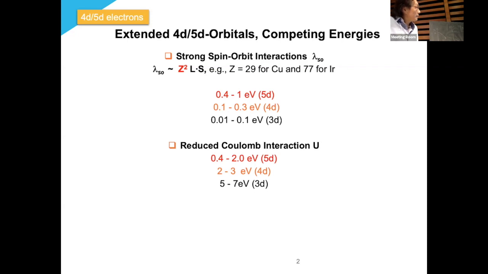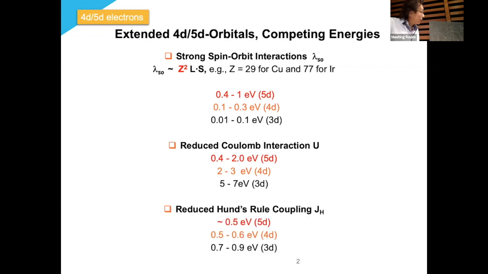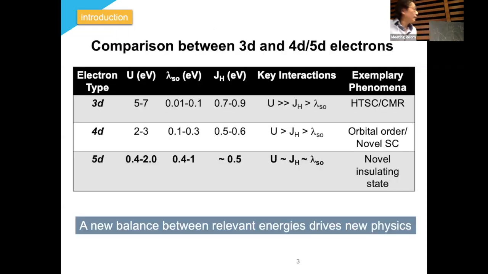But these Coulomb interactions for 5Ds, and even to some extent 4Ds, are very comparable to the spin orbit interactions. And then the other one is the Hund's couplings. We had some discussions early this morning. Hund's couplings also get smaller as we move from 3D to 5Ds. So the point here is to emphasize a new balance between relevant energies.